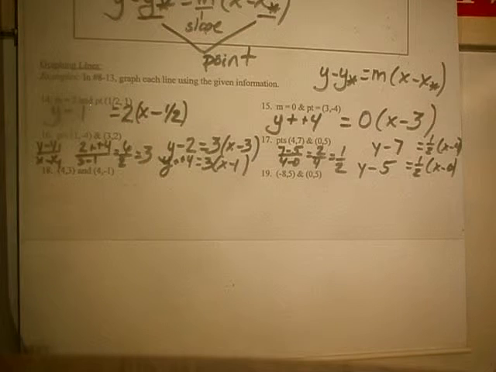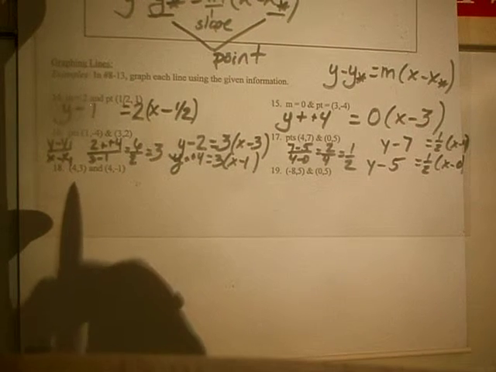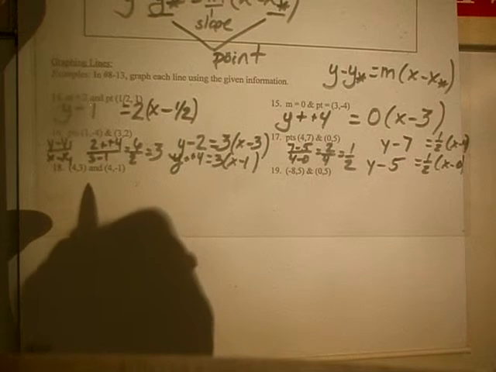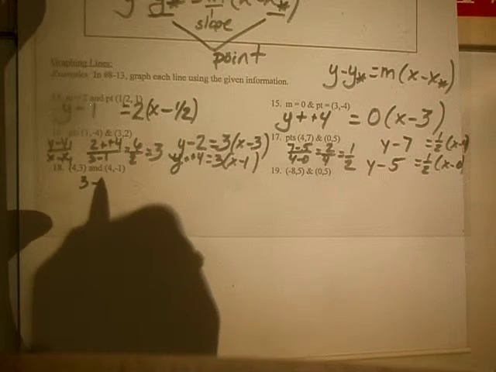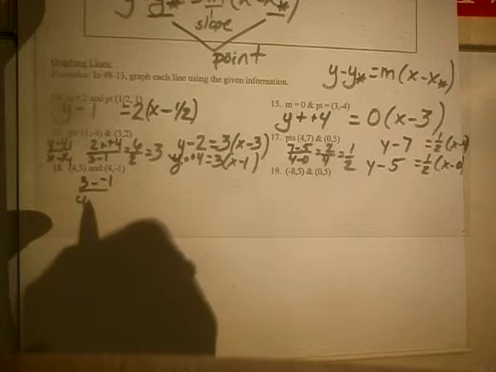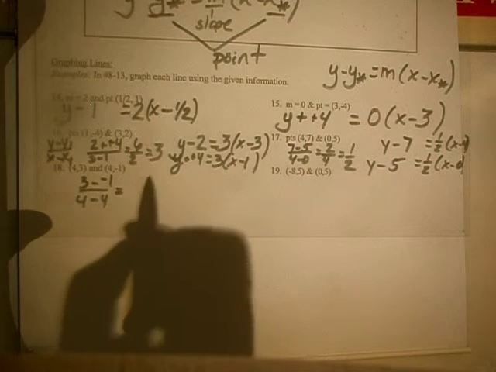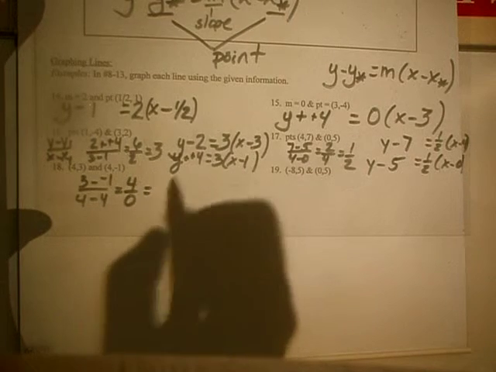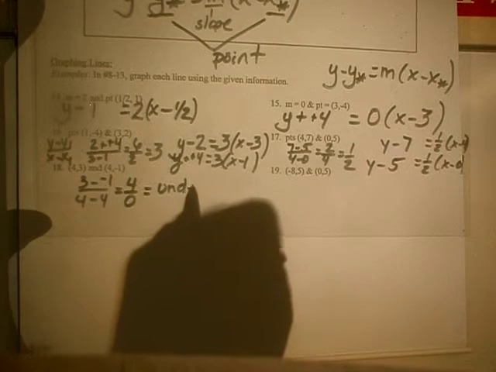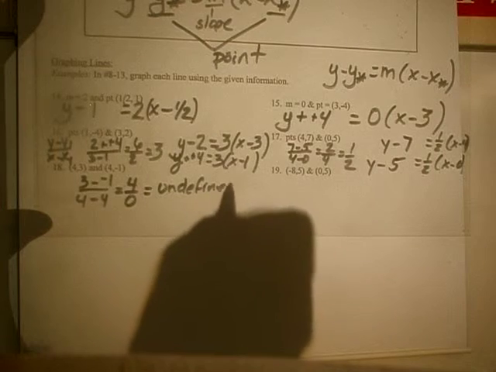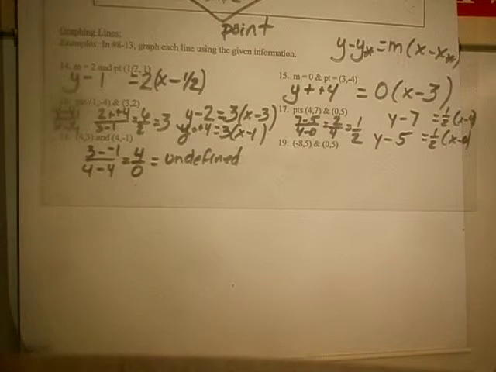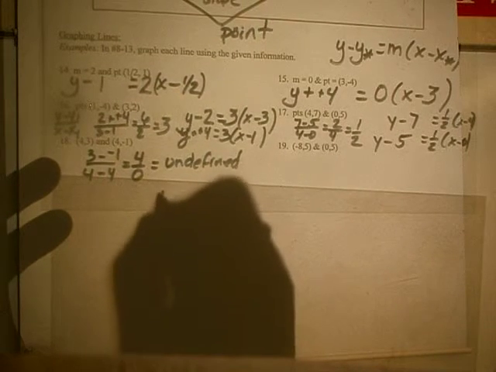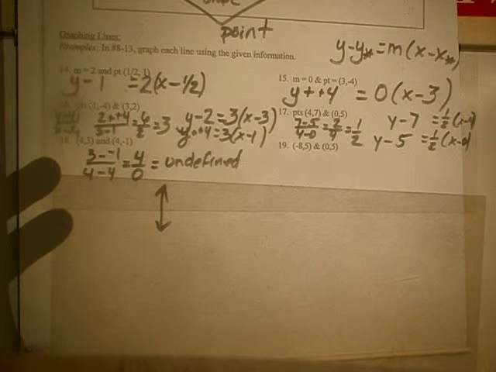18 and 19 are two special cases. If you look at this one, and we do 3 subtract a -1, 4 subtract 4, you would get 4 over 0. And so in this case, our slope is undefined. If our slope is undefined, that means this is a vertical line, goes straight up and down.